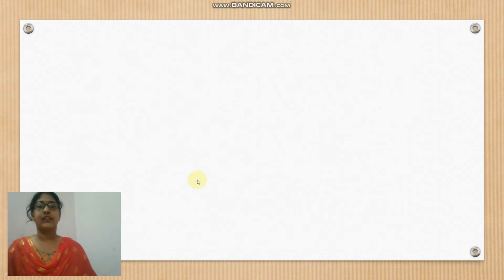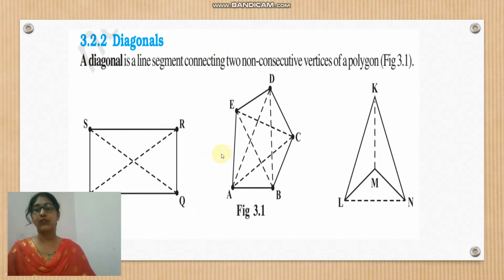Next, we have to understand the diagonals of a polygon. Suppose this is my polygon. When we join any two non-consecutive vertices of a polygon, we get its diagonal. In this figure, for vertex K, L and N are the consecutive vertices because K and L lie on the same line segment.